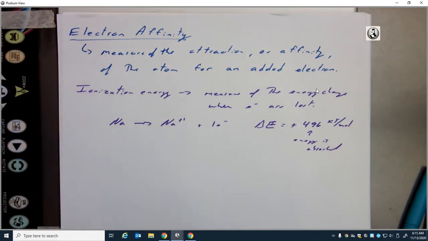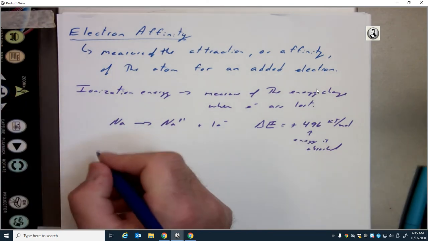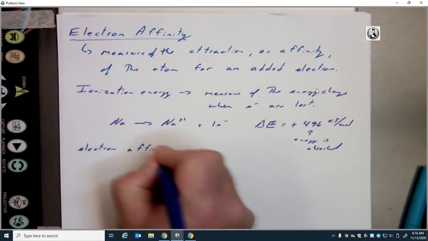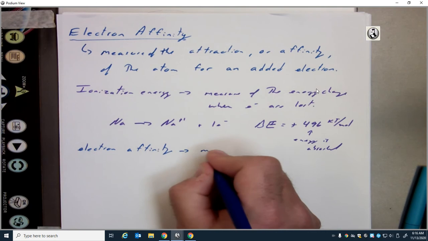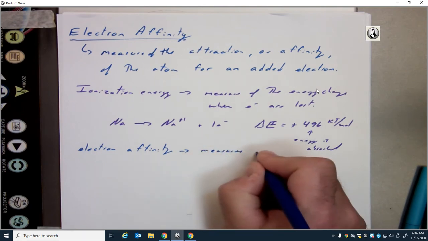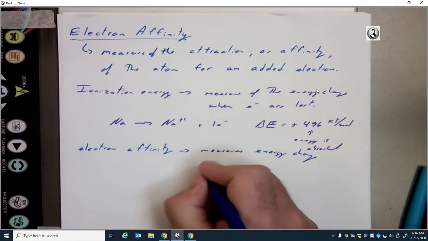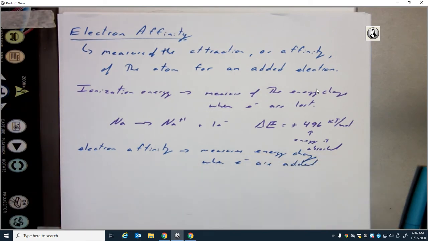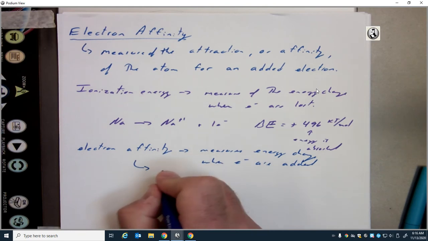So electron affinity is kind of the opposite. It measures the energy change when electrons are added. It really is kind of telling us whether electrons want to be gained or lost.